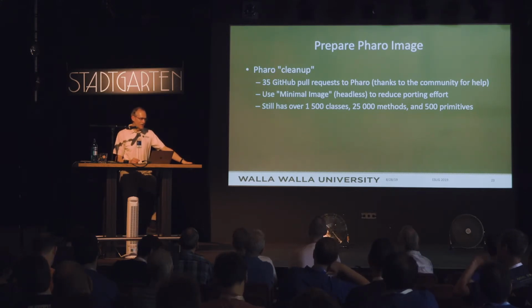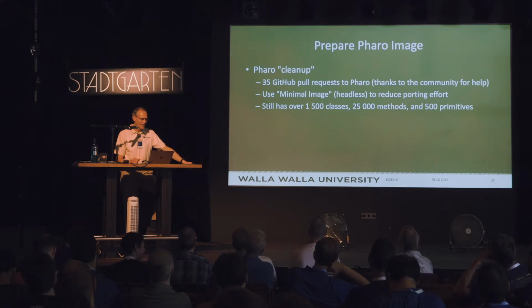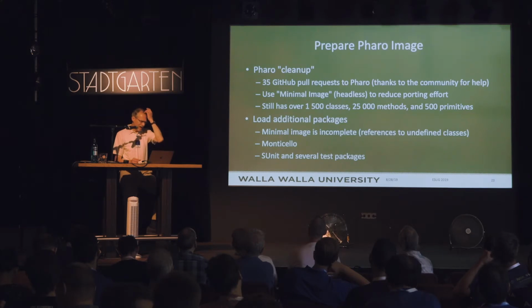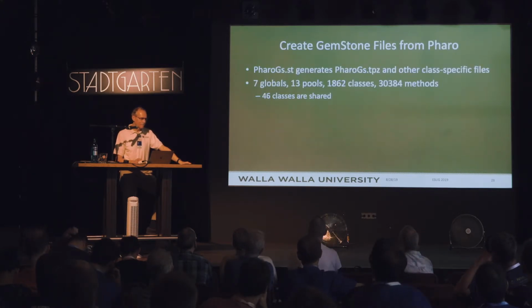So the minimal image is being used to reduce the porting effort. You know, I have to start somewhere, but that still gives me 1,500 classes, 25,000 methods, 500 primitives, and I even there need to load a few additional packages. So Monticello, SUnit, and some tests.